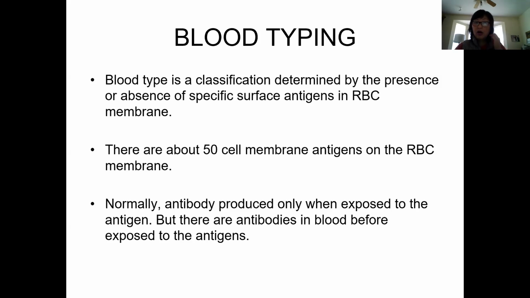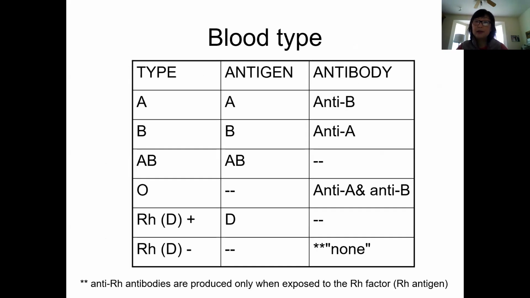There are about 50 different antigens on the RBCs, but usually for blood type, we use the most common ones to determine the blood types. That is antigen A, antigen B. So you heard about type A blood, type B blood, and type O and type AB.